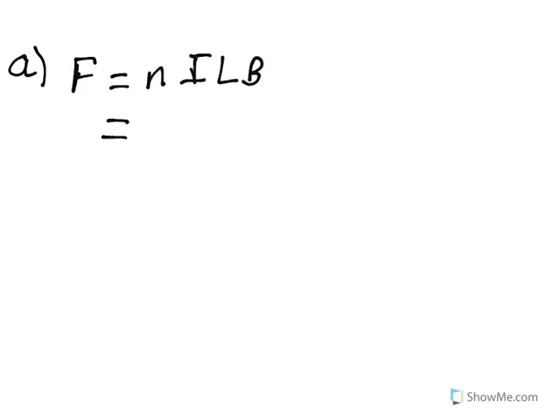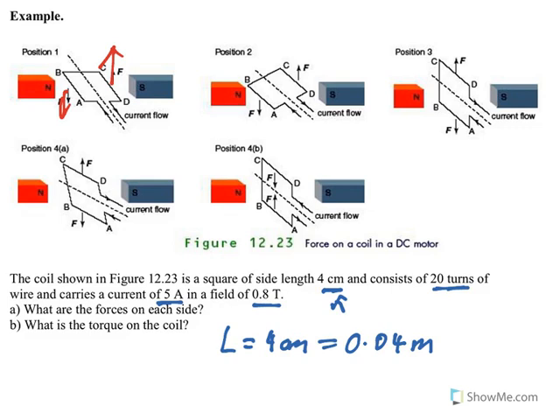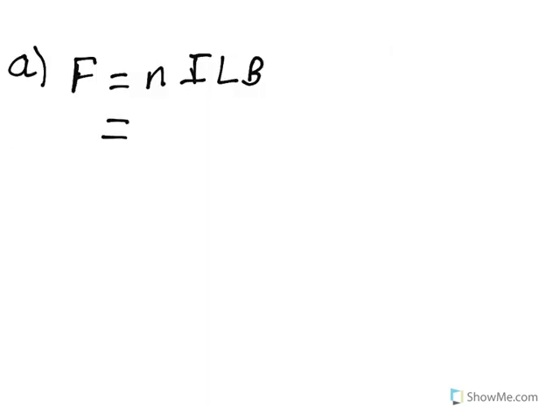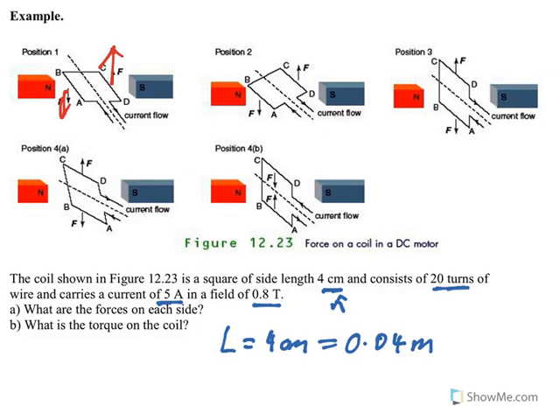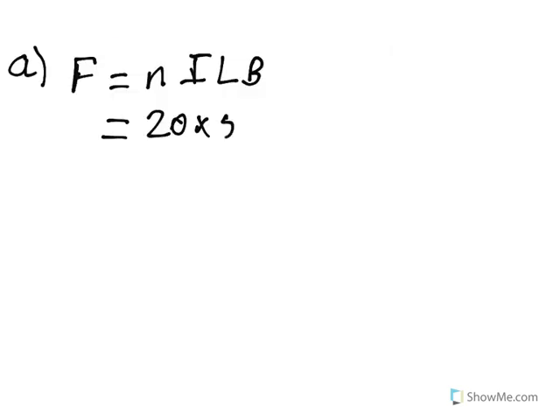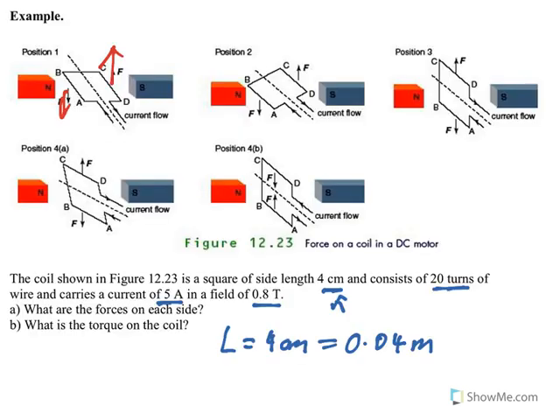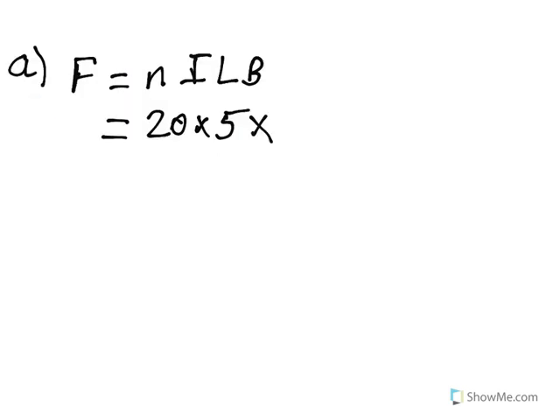NILB. So when we go back and have a look, our number of turns, it said, was 20. The current is 5 amps. The length of the wire is 0.04 metres.